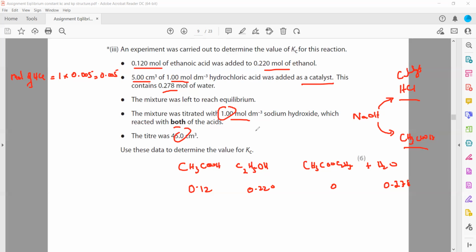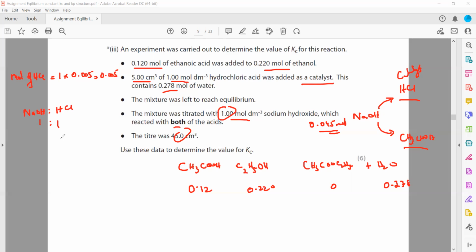So it will be 1 times 45 divided by 1000, which gives us 0.045 moles of sodium hydroxide. When you write a balanced equation, you'll find the ratio between sodium hydroxide and hydrochloric acid is 1:1. One mole of sodium hydroxide reacts with one mole of hydrochloric acid.